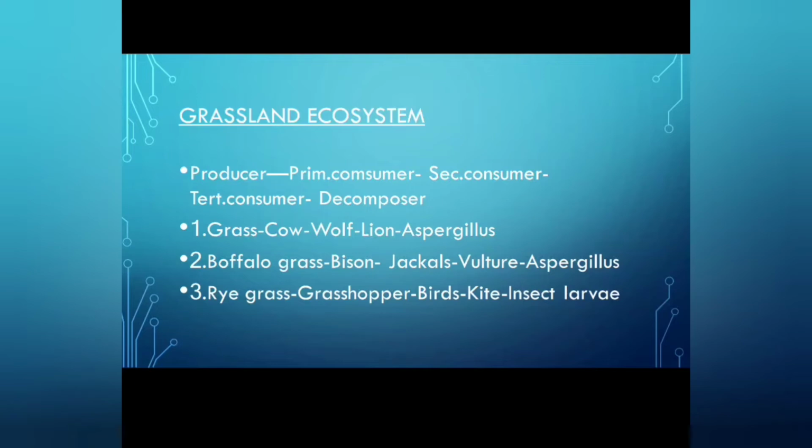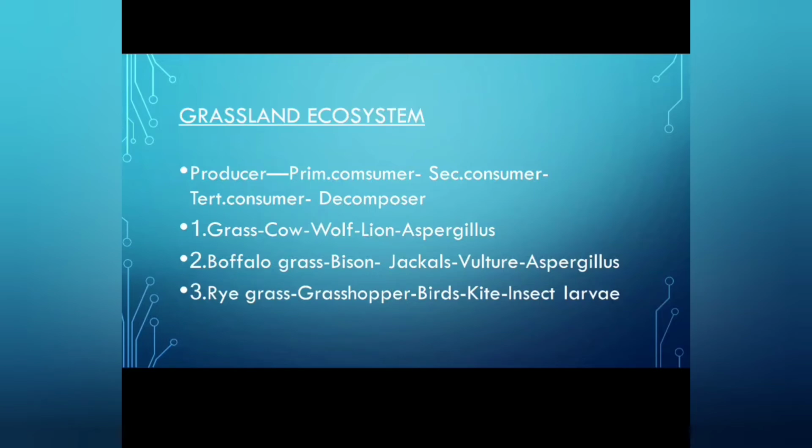In the first example, grass is the producer, cow is a primary consumer, wolf is a secondary consumer, tertiary consumer, and at last a decomposer, asparagus. In the second example, the producer is buffalo grass, primary consumer is bison, secondary consumer is jackal, tertiary consumer is vulture, and again the decomposer is asparagus.